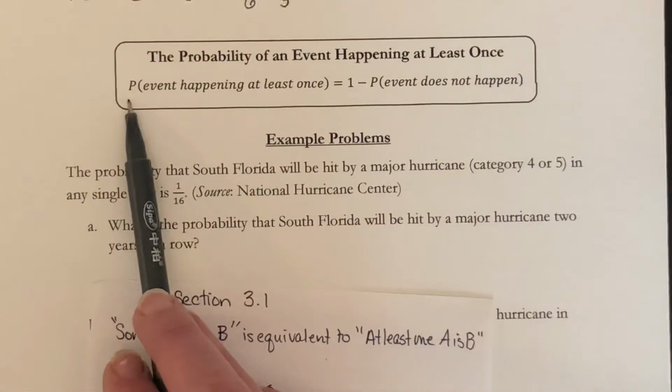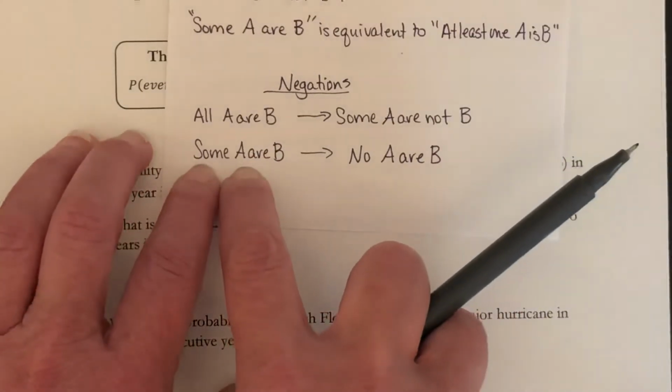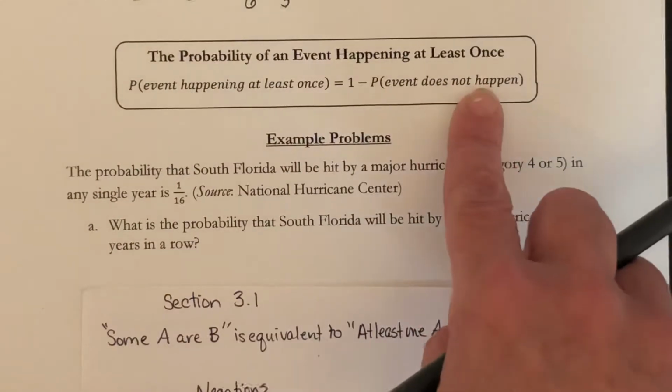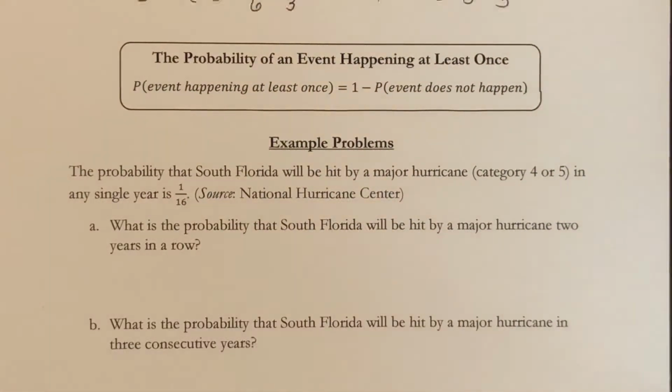So if you want to find the probability that something happens at least once, its negation is that none happen, and we subtract that from 1. So all of this is interconnected. We're talking about negating a statement here, okay?